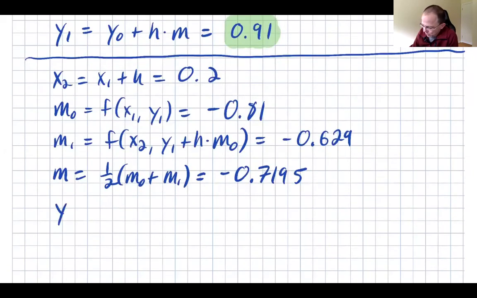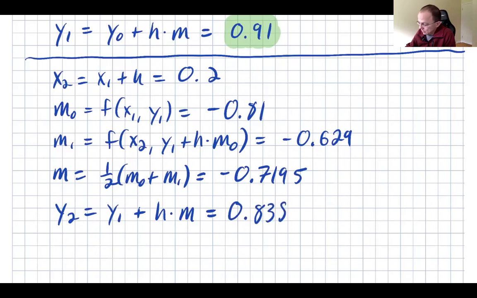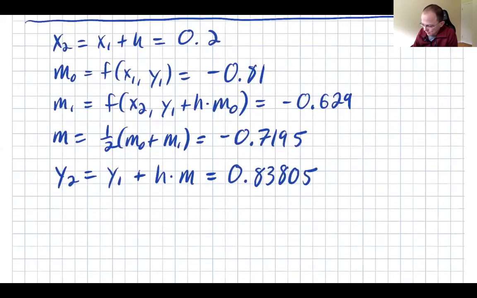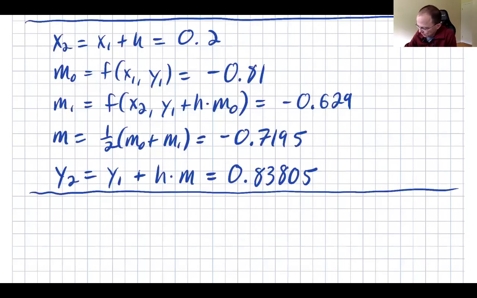So y2 is y1 plus h times this slope m, and that is going to be 0.83805. Okay, let me highlight that, and this guy. All right, so there's our x2 and y2 values.